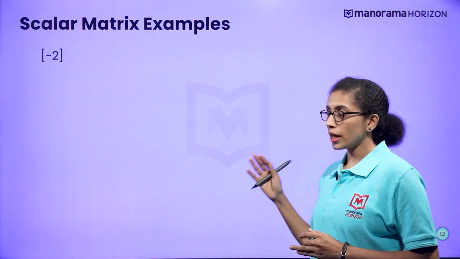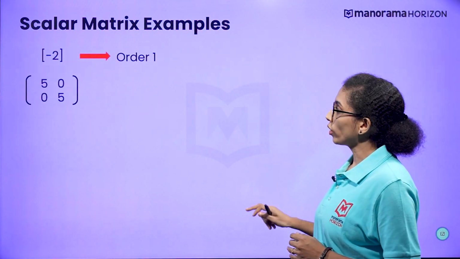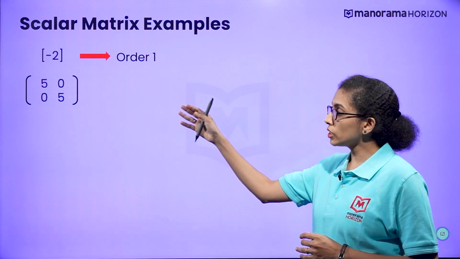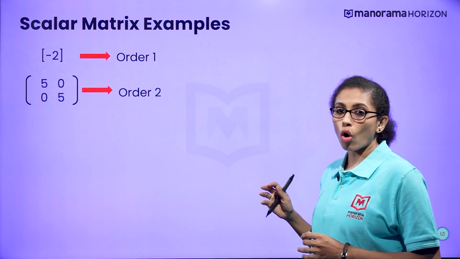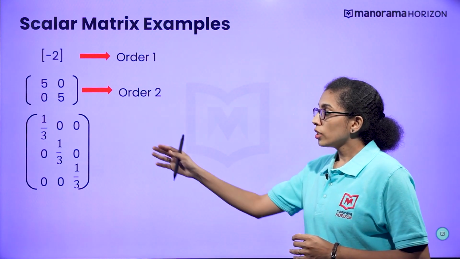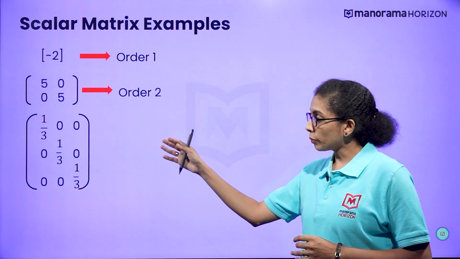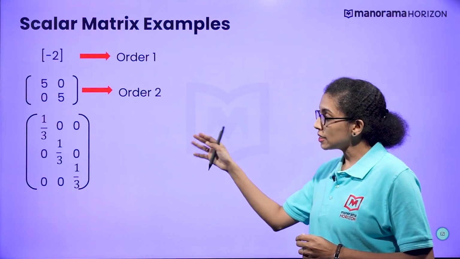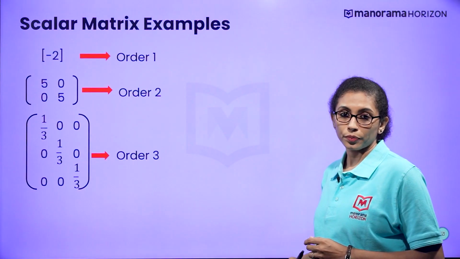The matrix [-2] means it's a scalar matrix of order 1. The matrix [5 0; 0 5] represents a scalar matrix of order 2. Similarly, the matrix with 1/3 on the diagonal and 0 elsewhere is again a scalar matrix but with order 3.